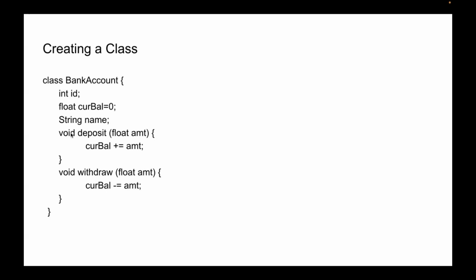Before this, deposit is the name of the method. Float amount: this method takes an input parameter of float data type.